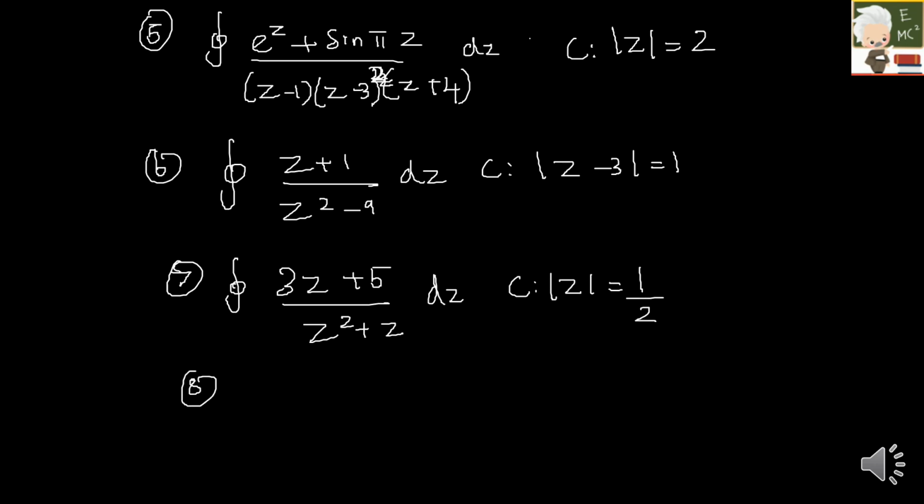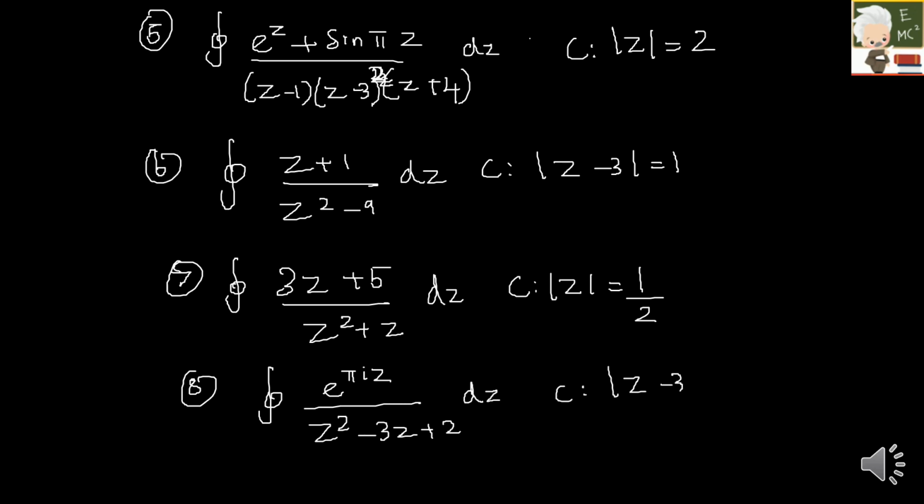Eighth question is the closed integral of e raised to pi i z divided by (z square minus 3z plus 2) into dz, and the contour is |z - 3| = 3.